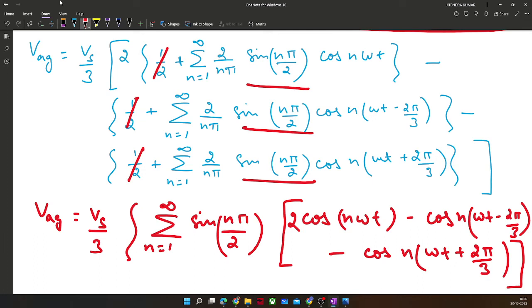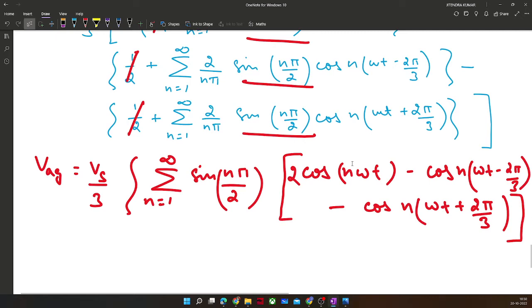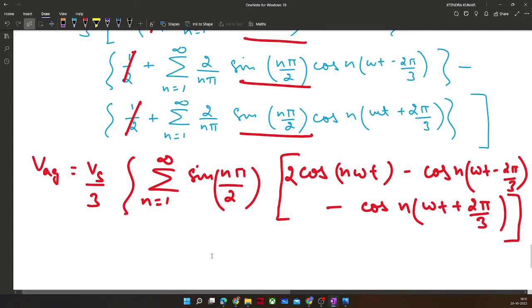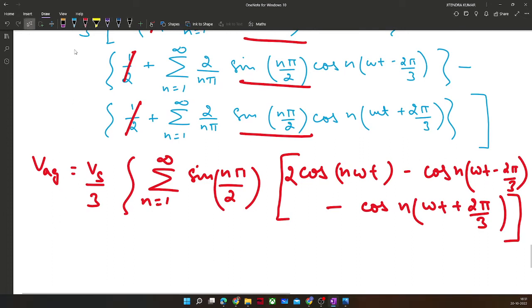We have arrived till this point, and even if you leave it at this point, it would be sufficient. If anybody asks what will be the fundamental component of VAG, you can easily write from this point Vs by 3. We just take n is equal to 1. We will put n is equal to 1 here, here, here, here. So sin pi by 2 will be 1.